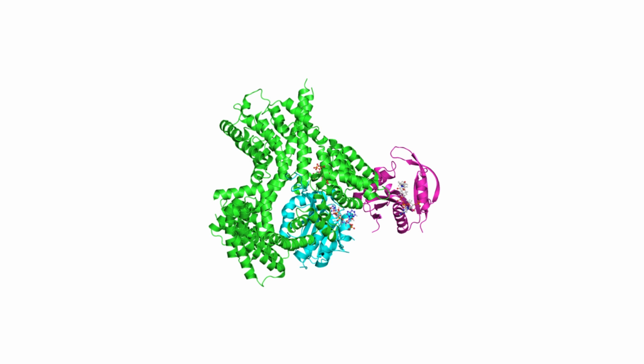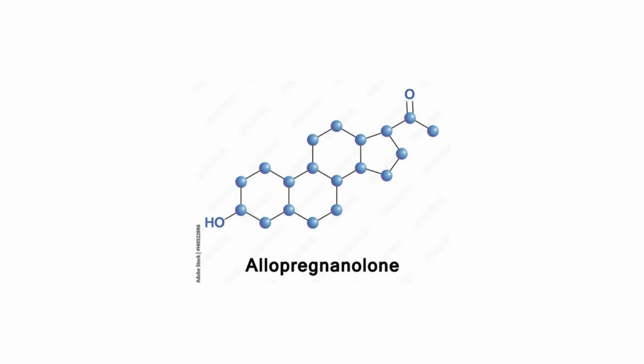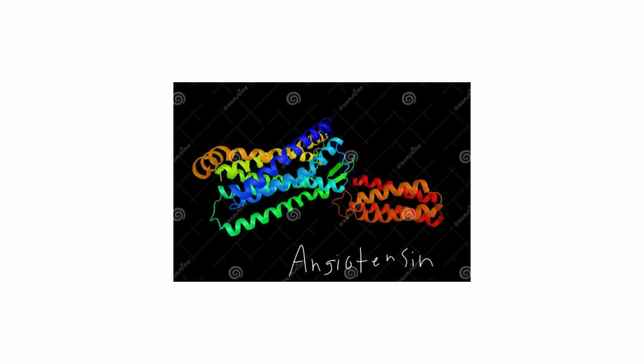Angiotensin regulates blood pressure and fluid balance. It balances by causing vasoconstriction, stimulating aldosterone release, and promoting sodium retention, which collectively increases blood pressure.